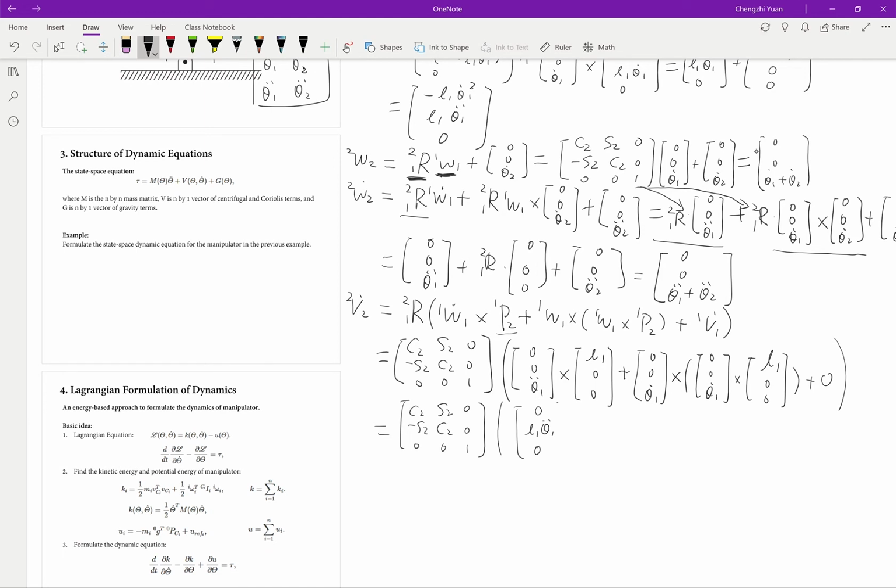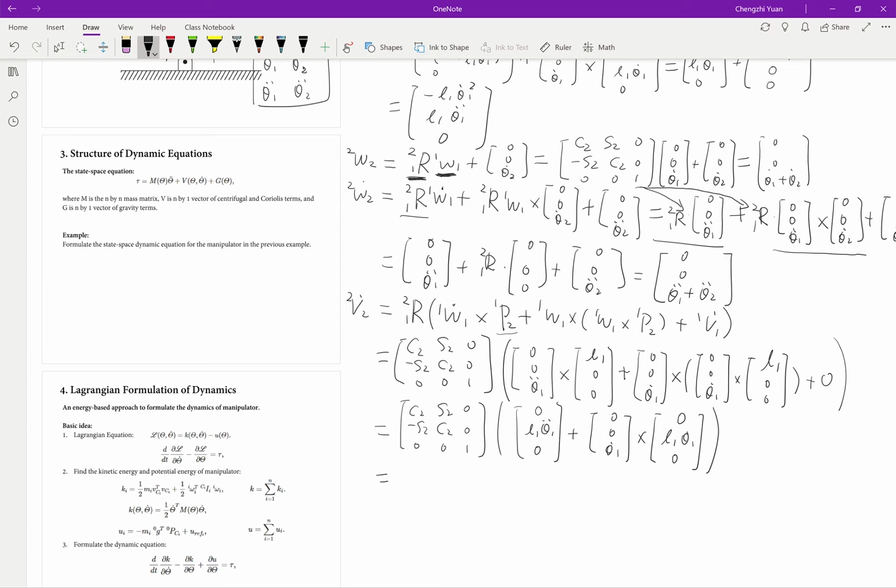The last element will be 0, and then plus the cross product of 0, 0, theta 1 dot with 0. I'm going to quickly obtain these results, so you can do the same exercise to practice the cross product of two vectors. To save time, I'm just going to give you the results here.